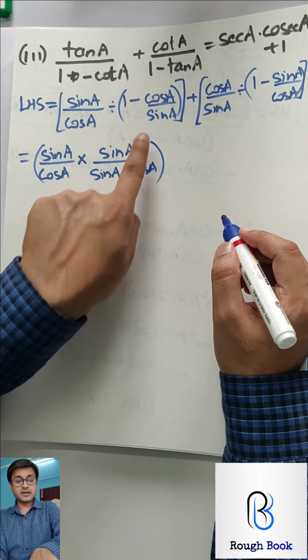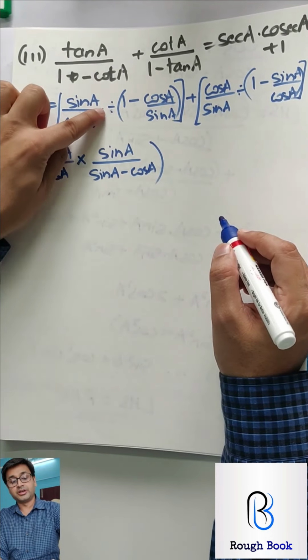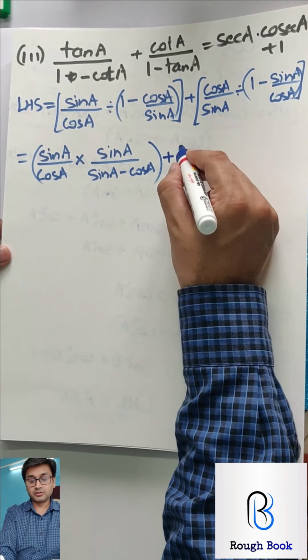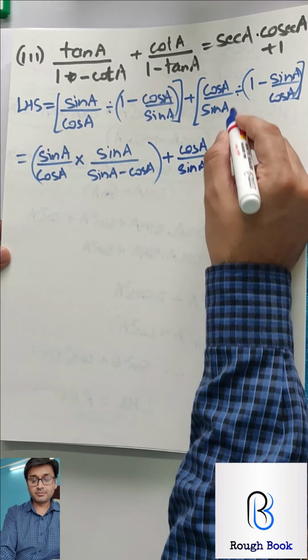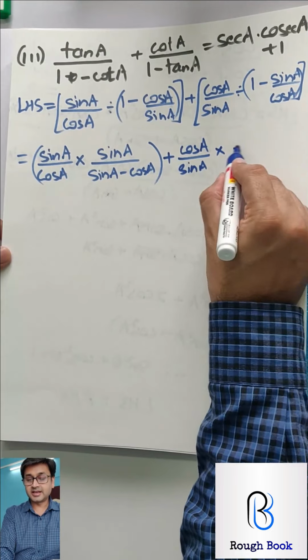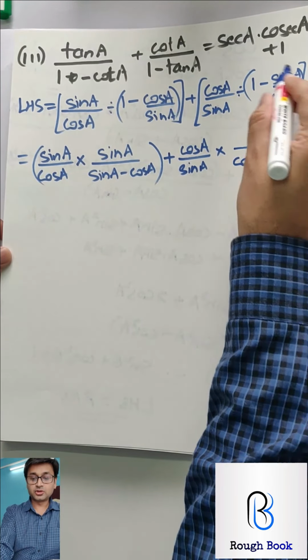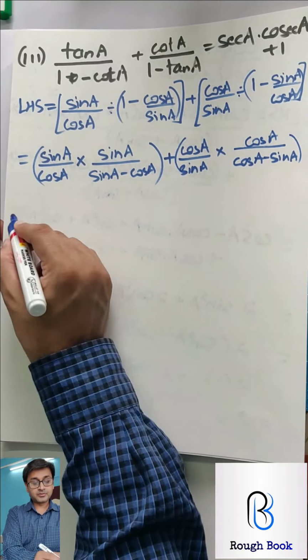Sin a minus cos a comes down and sin a goes on top because you are taking the reciprocal. Got it? Likewise for the other part also. So cos a upon sin a multiplied by cos a minus sin a will come down and this cos a will go up. So there you go with the second part.